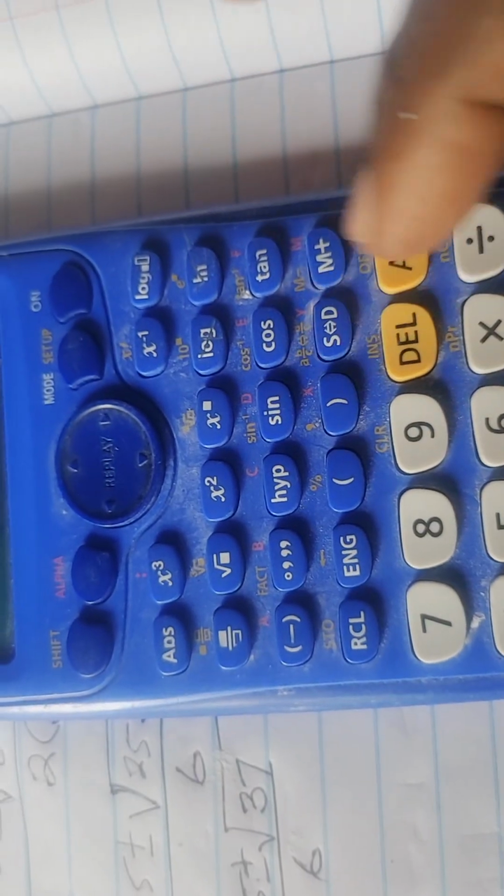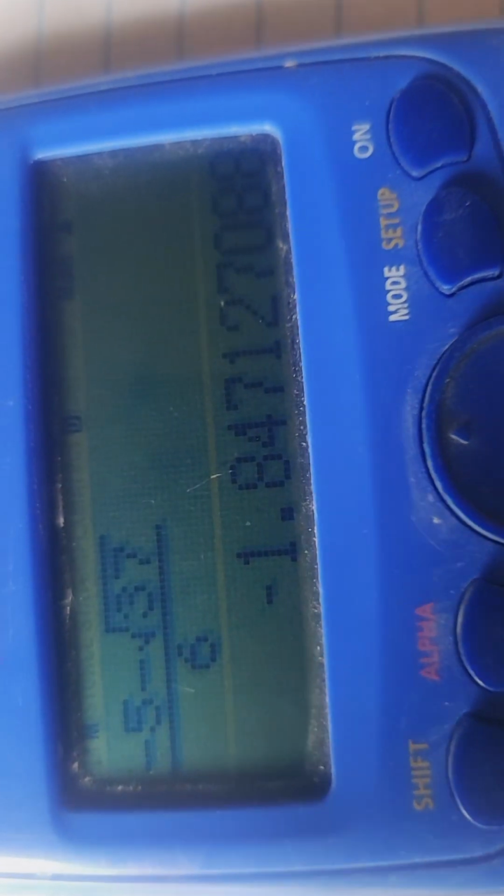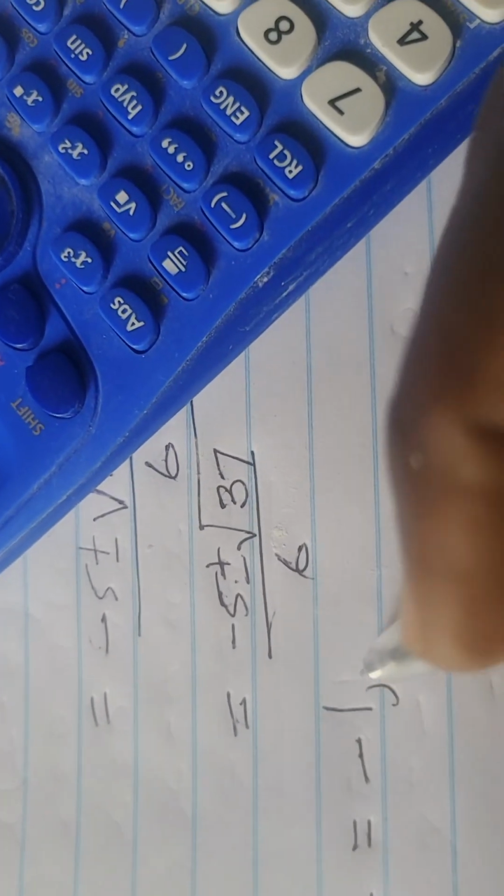The answer that comes is that one. Then I press SD, this key. The answer that comes therefore is minus 1.847. That rounds off to minus 1.85.